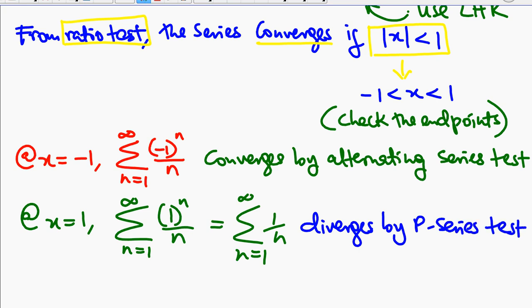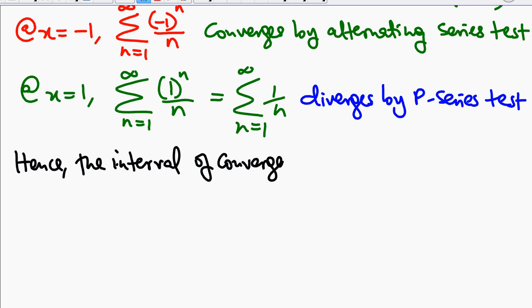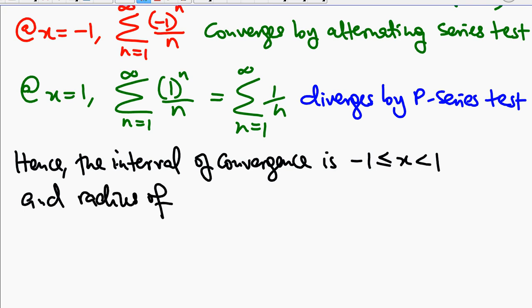Okay, so we can make our conclusion and say, based on that, the interval of convergence is from negative 1 to 1, and radius of convergence will just be equal to 1.